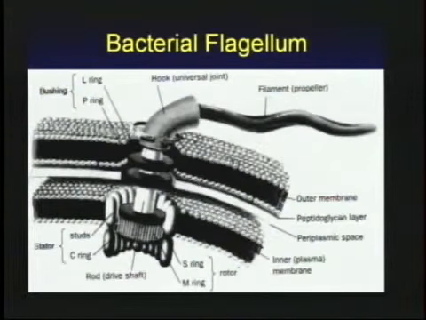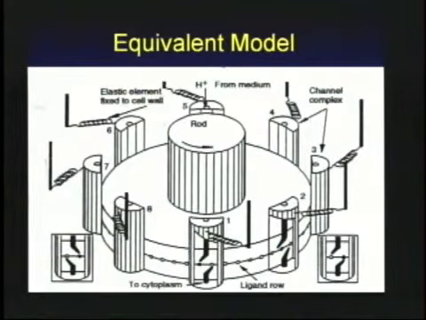It has a double wall protection. There are 40 parts to this, any one of which is missing, it doesn't work. It's an example of irreducible complexity in real life. Here's the equivalent electrical diagram of it. Any one part missing, it's busted. Did this happen by chance? Hardly. Very skillful design.